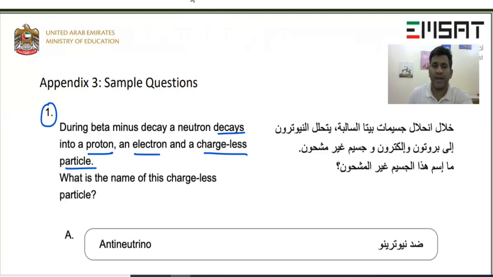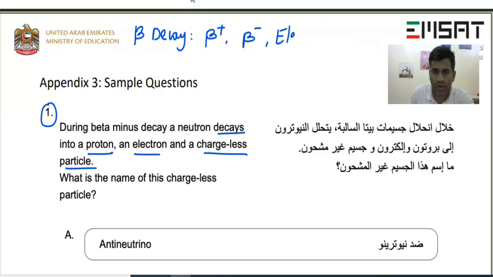There are three subcategories of beta decay. If I write beta decay, we can write it into three categories. One is beta plus, beta minus, and another one is electron capture. So what are those?